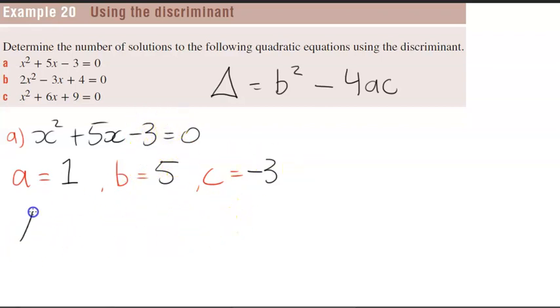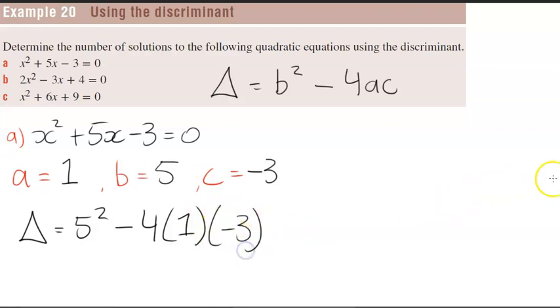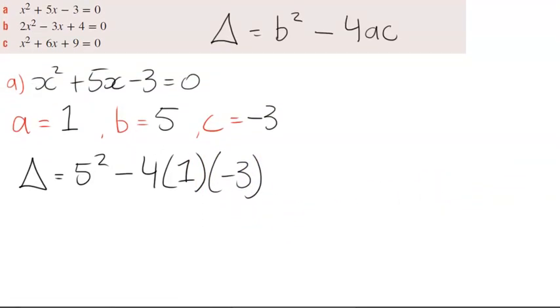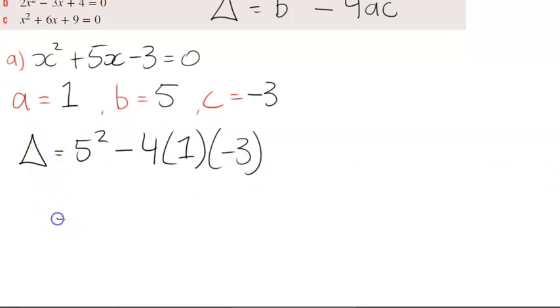So we just go ahead and simply plug in b squared, which is 5 squared, minus 4 times a, 1, times c, which is negative 3. Now just be careful with your signs because there are quite a few signs going on.